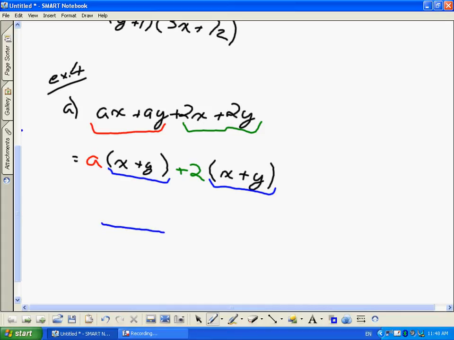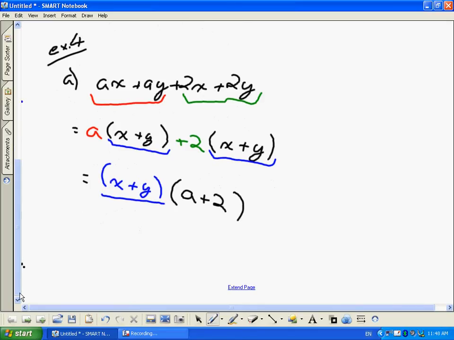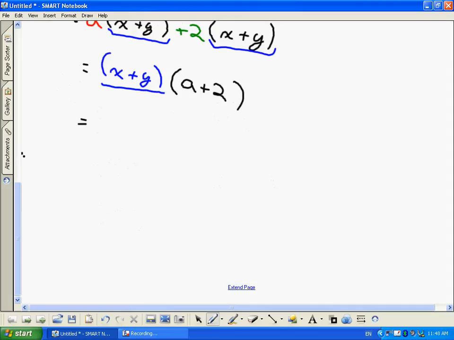So since those are the same, I can move them as one common factor, x plus y, to the outside. And whatever is left, we put in a new set of brackets. So we have a plus 2. That means our final answer here is x plus y, times a plus 2.